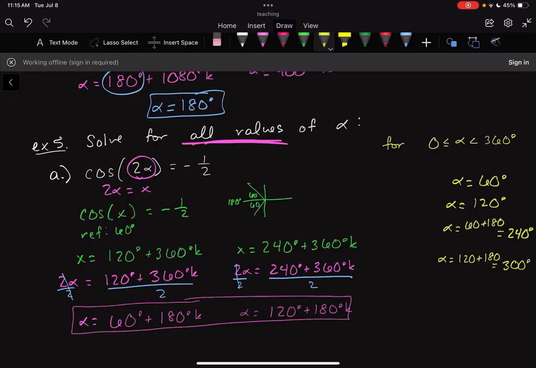Okay, that one's still in my interval. What if I take 240 and add 180? Can I find another one? Let's see, what's that going to give me? Oh, I'm going to go too big for this one. 240 plus 180 is going to give me 420. That's where we cut it off. So it's these answers is what I would have to box in.